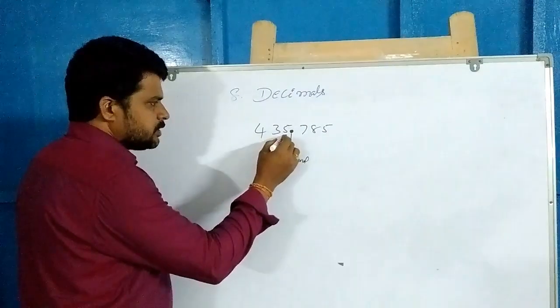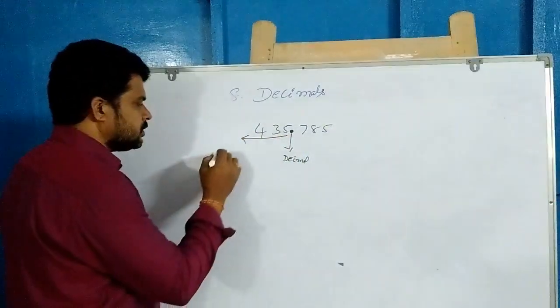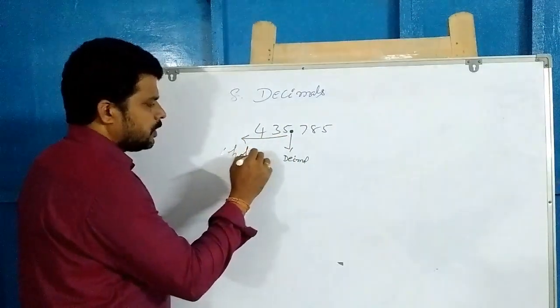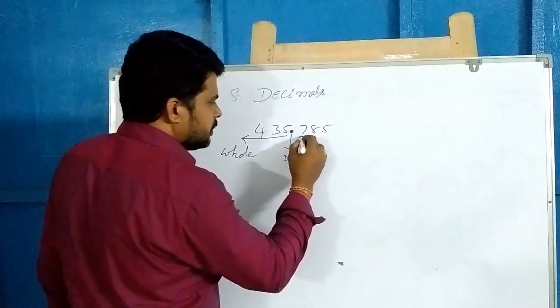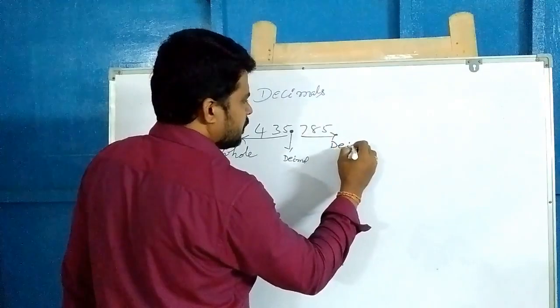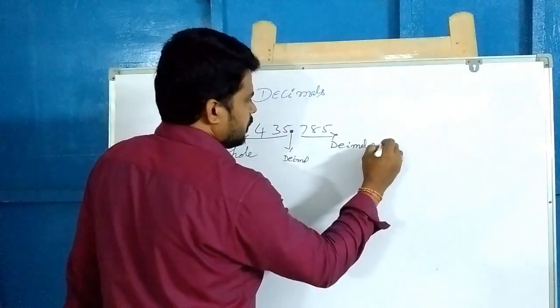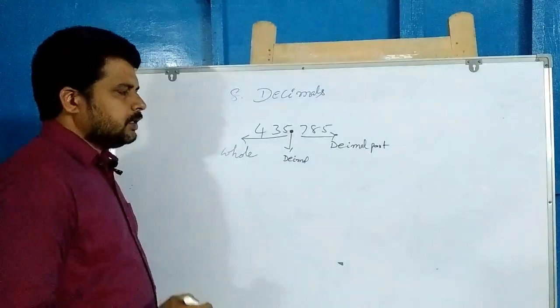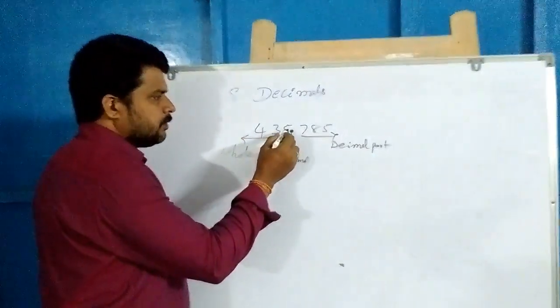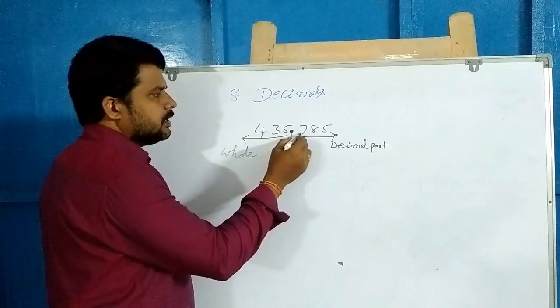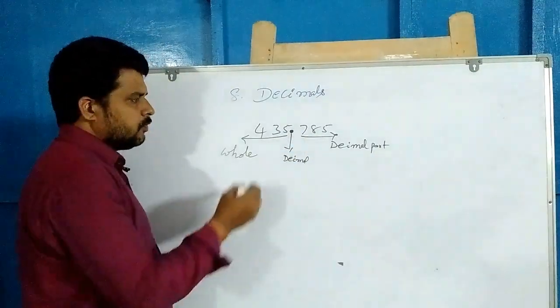Left side of the decimal is called the whole number part. Right side of the decimal is called the decimal part. See how I am reading it: 435 decimal or dot 785.